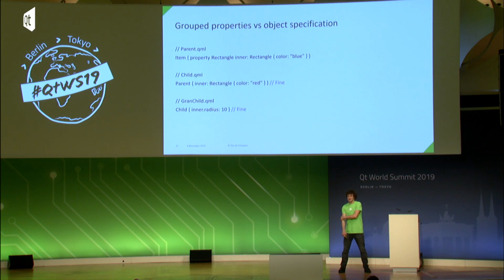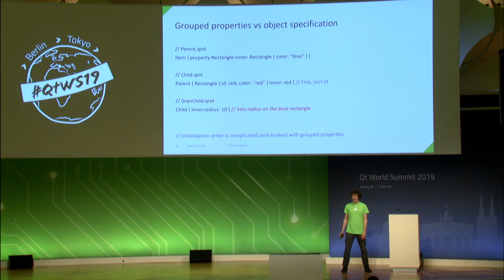Now, say you have your blue rectangle directly attached to the inner property, and then your child replaces that rectangle with a red one, and then your grandchild sets a corner radius in that. This is fine. Now, what if your child replaces the rectangle only after the grandchild has set the inner radius?